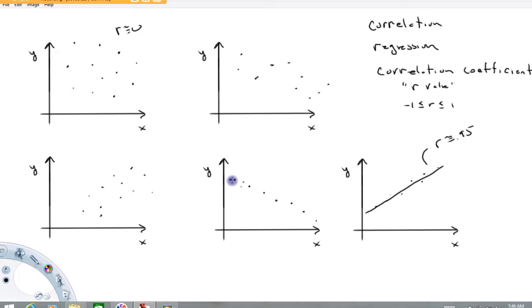Over here, if I find some function that describes this data, again, we have very strong correlation. It has negative slope, so this example would have an R value close to -1. I'll put approximately -0.95. I'm just making up the 0.95. It might be 0.9, it might be 0.87 or 0.93, but the point is that this is very strong correlation. This has negative slope, so that means an R value very close to -1.